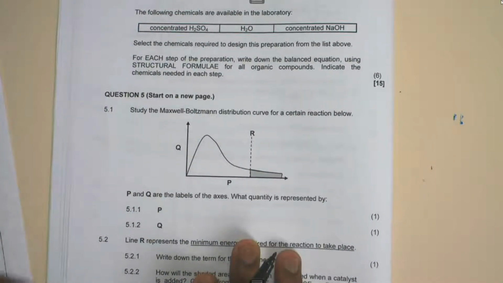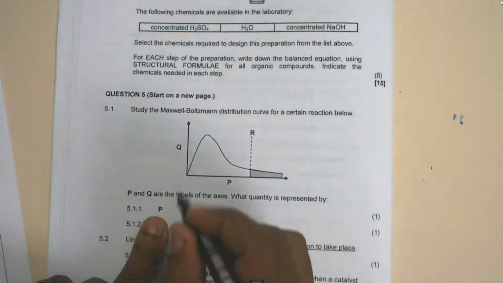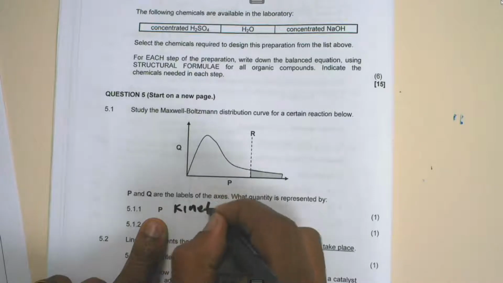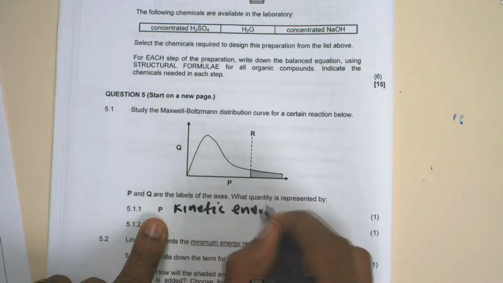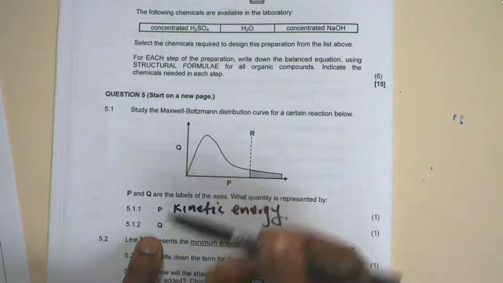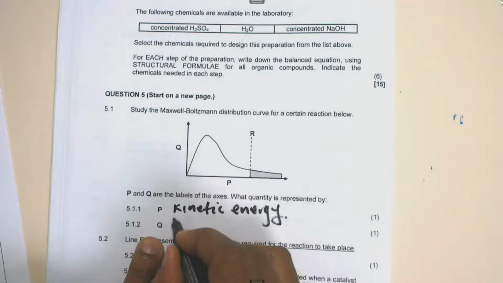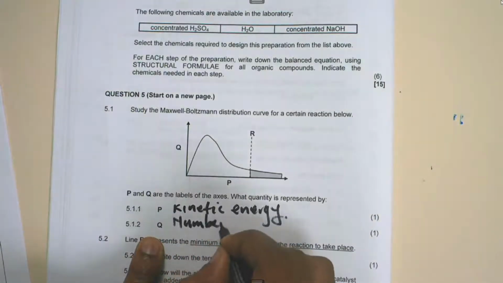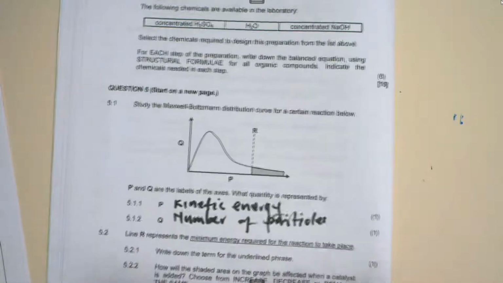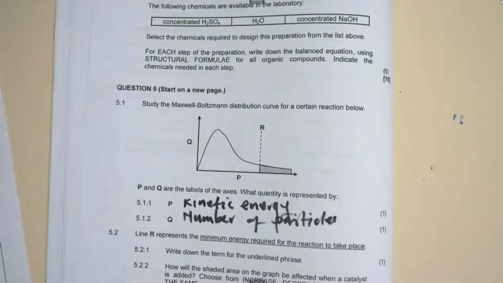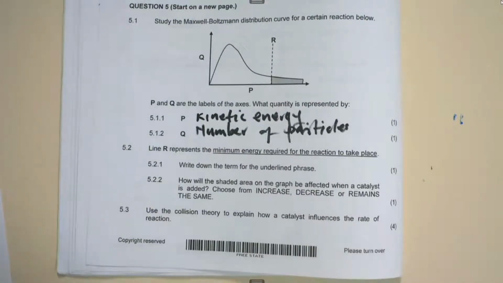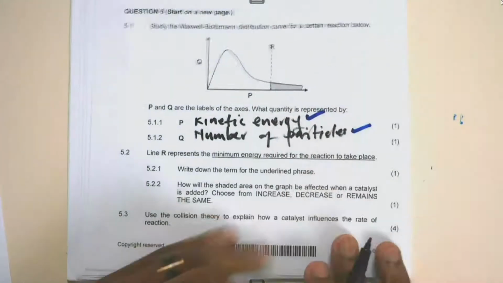So at P we have the kinetic energy of particles, and at Q we have the number of particles. I'm on my way of trying to get the maximum marks, which in this case should be 9 marks. So I should be able to get a 1 there and a 1 there.